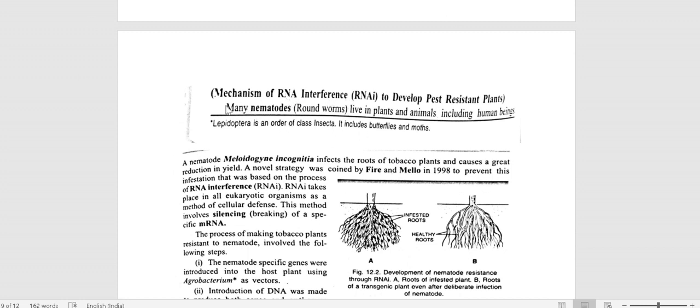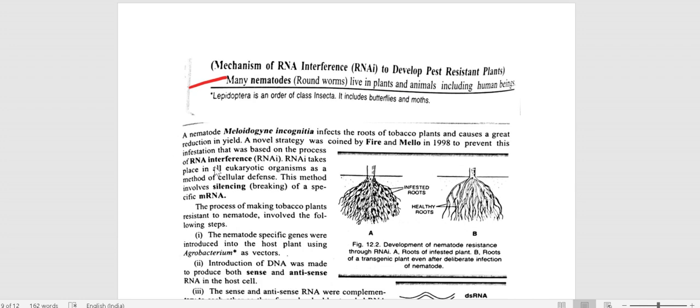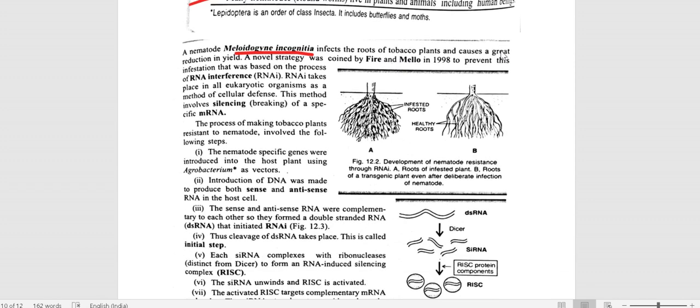Many nematodes, roundworms, live in plants and animals, including human beings. The nematode Meloidogyne incognita, which they asked about, infects the roots of tobacco plants and causes a great reduction in yield.